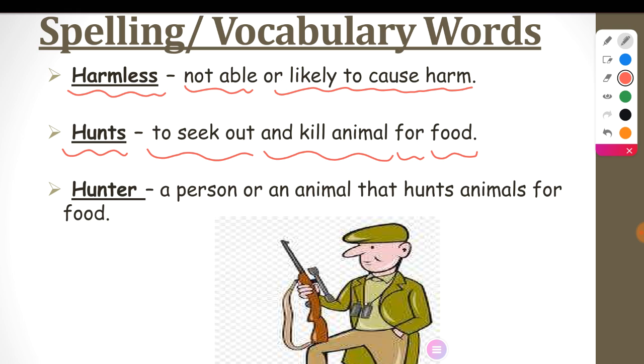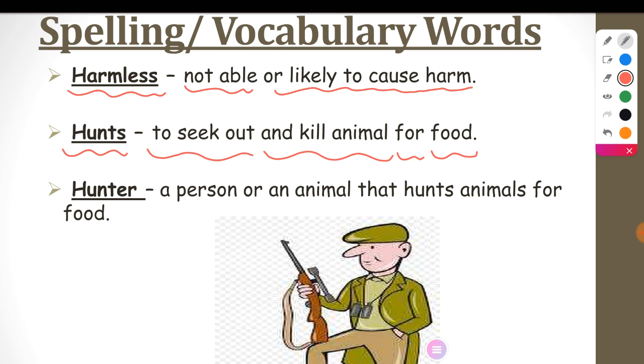There are kinds of sharks which seek out and kill sea animals like small fish, and eat those small fish for food.